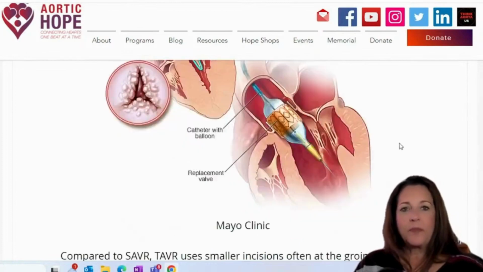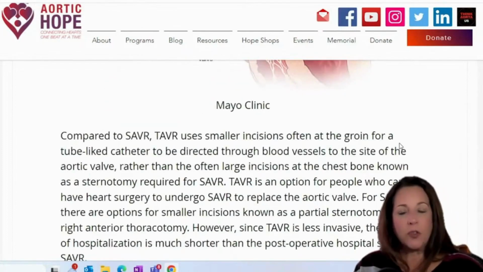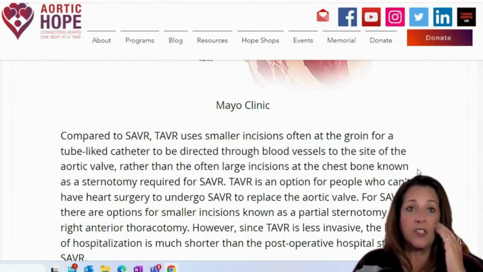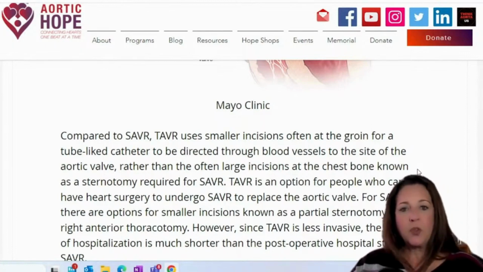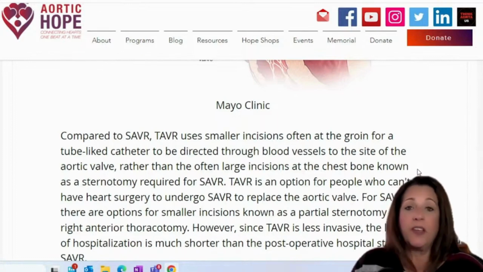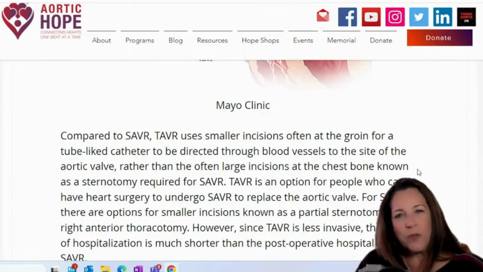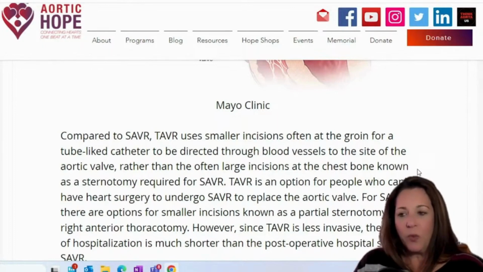Okay. Now, compared to a surgical valve replacement, a transcatheter aortic valve replacement uses much smaller incisions, often at the site of the groin, for a tube-like catheter that can be directed through the blood vessels to the site of the aortic valve. It's crazy when you think about it, that it's going all the way up and then back down. For any of you who have had an angiogram, I've had one of those.